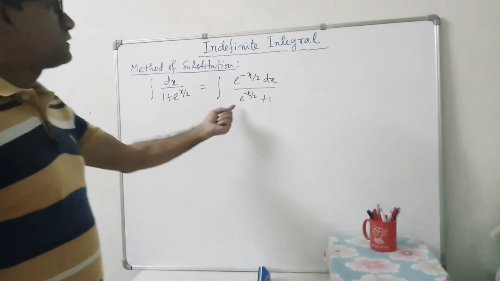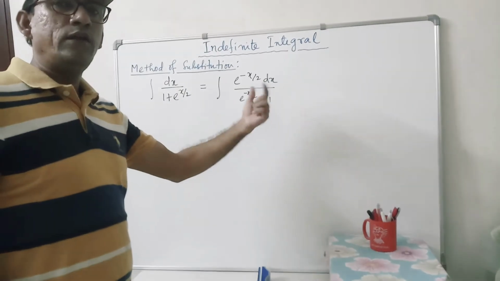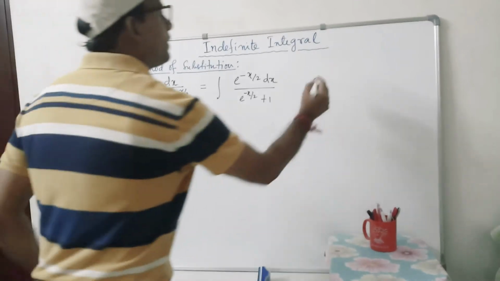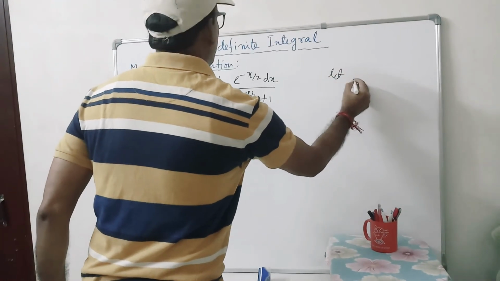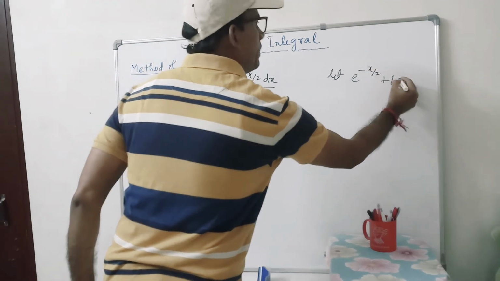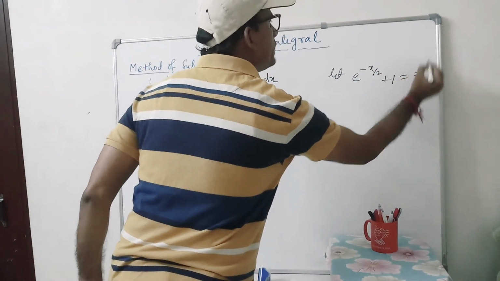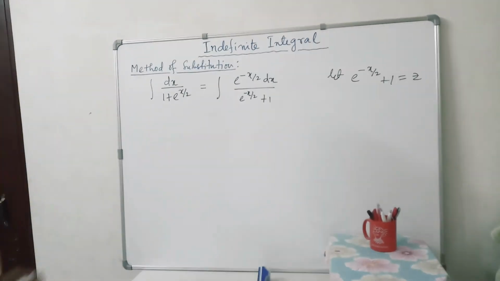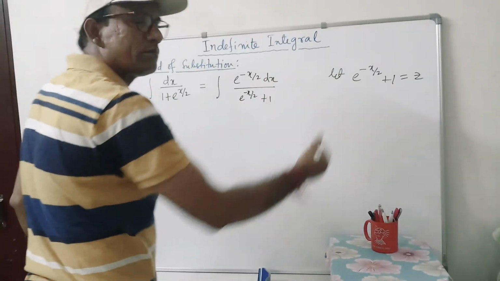Now take this denominator as a new variable, say z. So let us suppose e to the power minus x by 2 plus 1 equals z. Now take differentials on both sides.